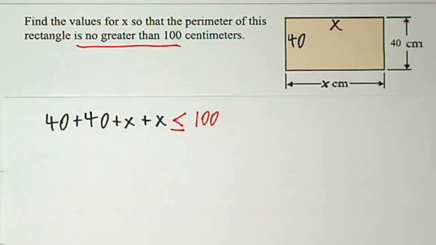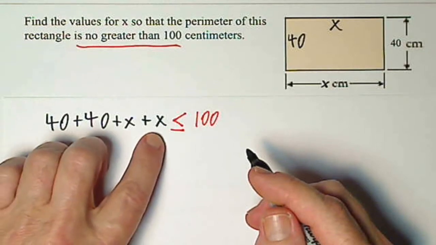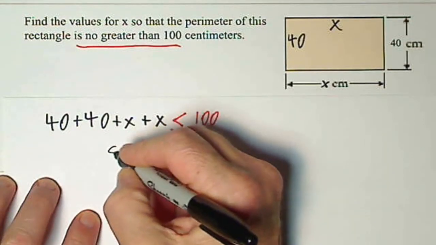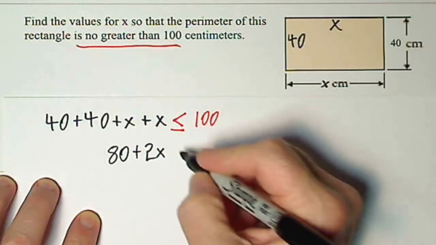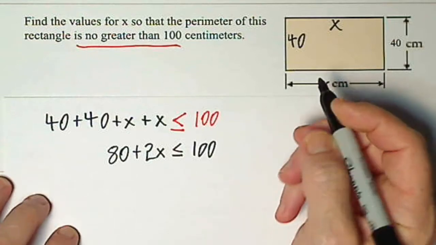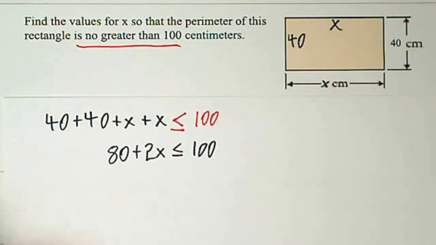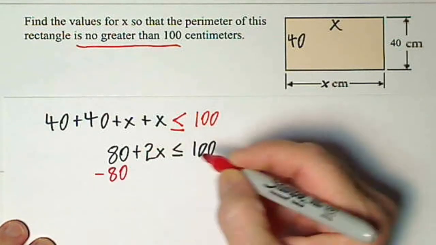And now we'll solve for x. So combine like terms, 80 plus 2x is less than or equal to 100. Get rid of your 80.